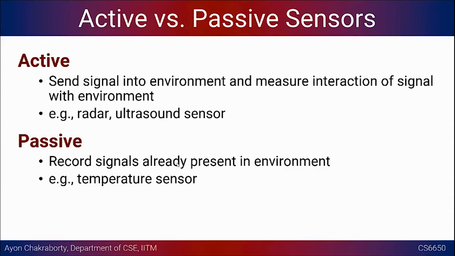Even if you want to detect whether a Wi-Fi signal is present or not, what you can do is go to the required frequency spectrum. 2.4 gigahertz is one example, and then you can look for whether in those particular frequencies you have enough energy.